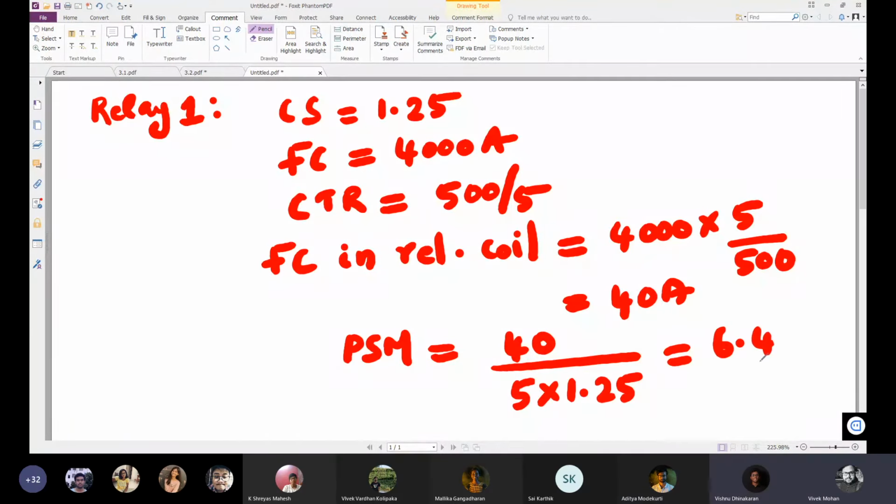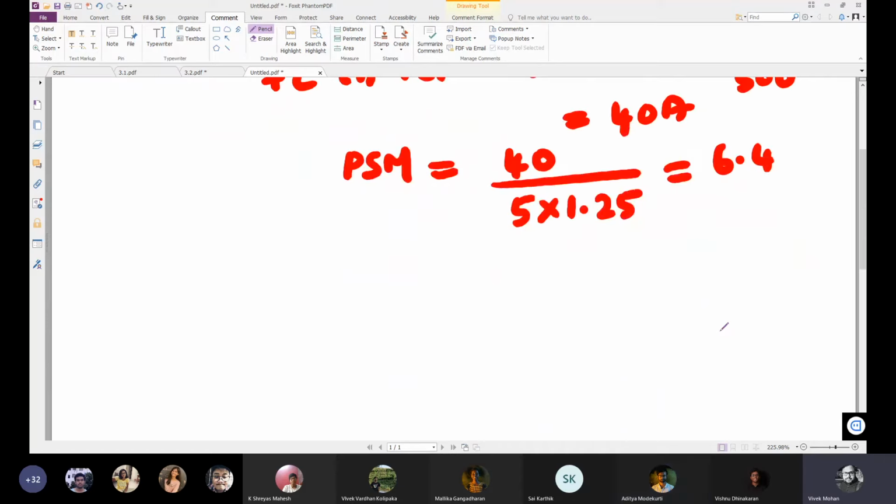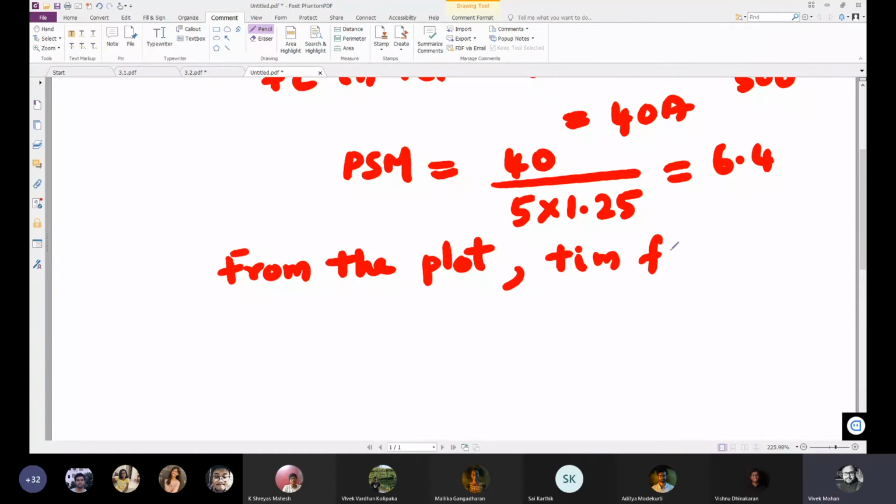Yes, good. Now from the plot, time for 6.4 PSM is approximately equal to 3 seconds.